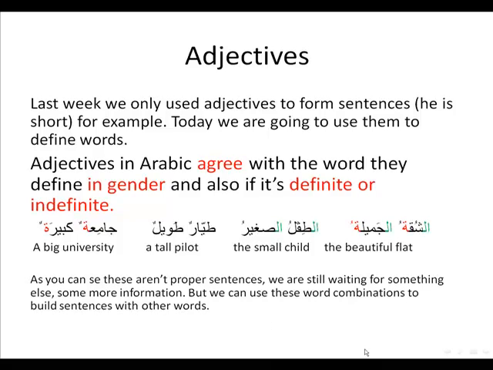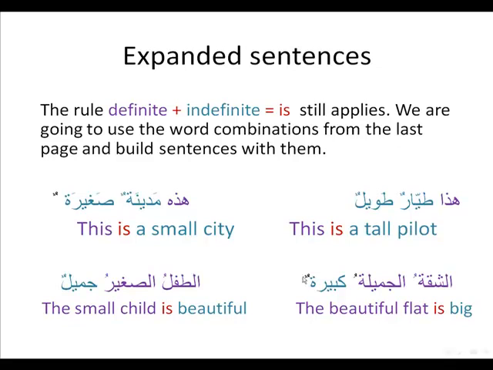Now, we're going to see some examples of how we can use these word combinations or adjectives to build sentences. As we just said, definite plus indefinite makes a sentence still applies. If we look to the right, we have the example from last sentence. We had طيار طويل, a tall pilot.